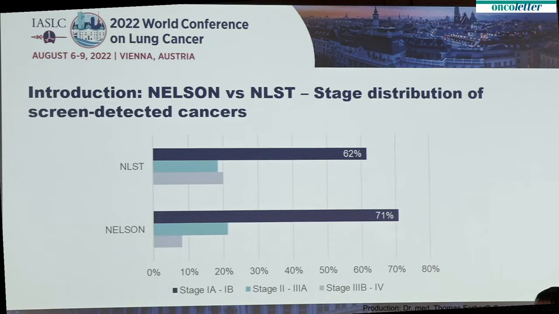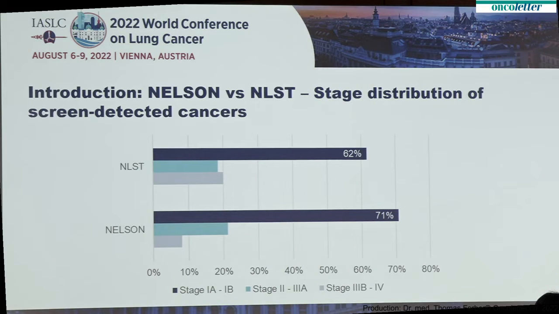Additionally, the stage shift in the NLST was already very good, where we saw screen-detected lung cancers largely around stage 1A, 1B, but there were also still quite a few 3B, 4 cancers. In the Nelson trial, this was further improved, where we saw over 70% stage 1A, 1B cancers, with a lower proportion of 3B to 4 cancers.